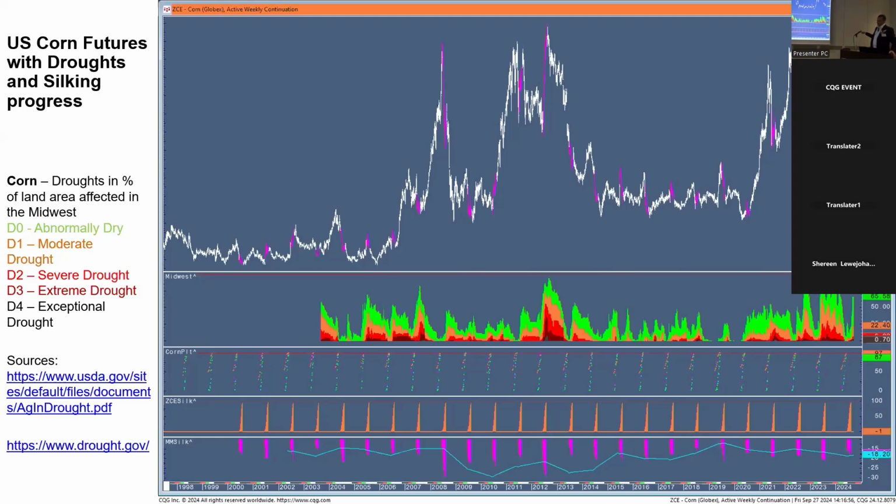The second thing we see is the USDA data that we get directly from the source. You can get it directly into CQG without any second-hand process, and you can get the different stages of the progress of the crop. It's quite interesting because it's never really the same dates.